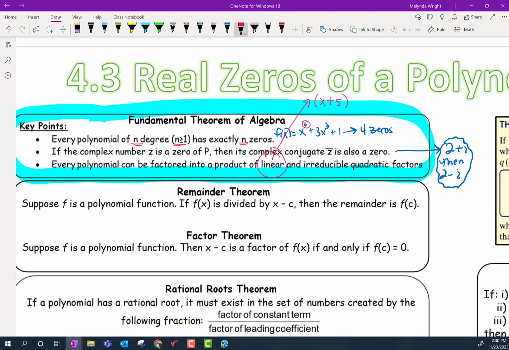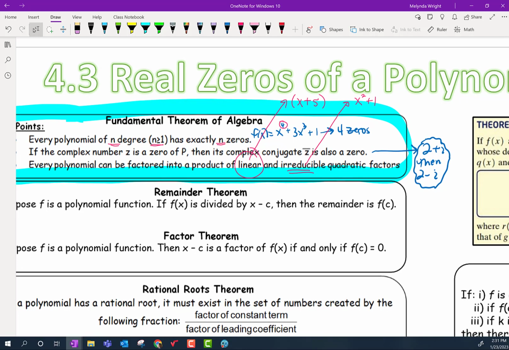So every polynomial can be factored into a product of linear factors, which look like that, and irreducible quadratic factors. Another vocabulary word is irreducible. An example of an irreducible quadratic factor is x squared plus 1. Why is it irreducible? If I tried to solve x squared plus 1 equals 0, I'd get x squared equals negative 1, and when I square root both sides, I'd have an imaginary number. x would be plus or minus i.